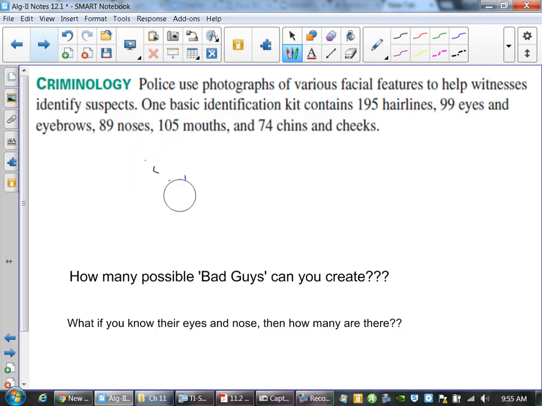So if you have 195 different hairlines, that's quite a bit. Then you multiply it by the number of different types of eyes, not only color but shape, and then by the number of eyebrows. Eyes and eyebrows are put together.